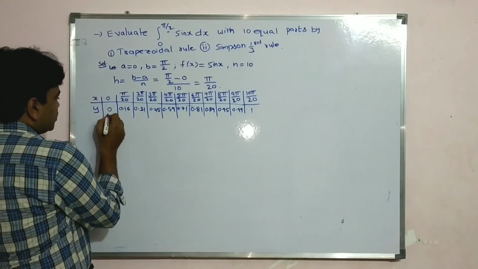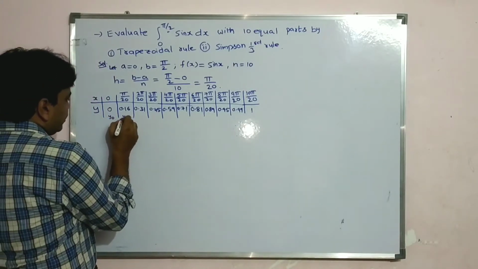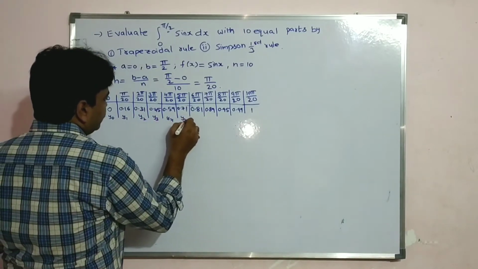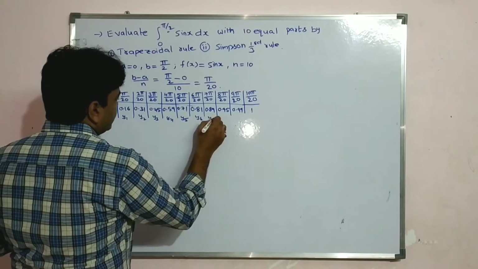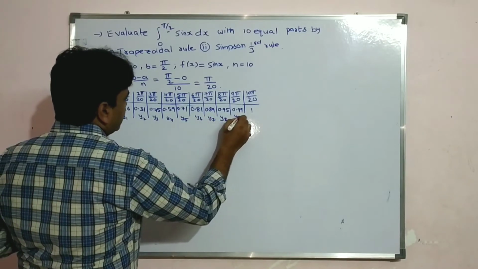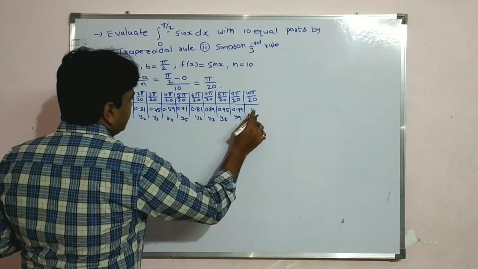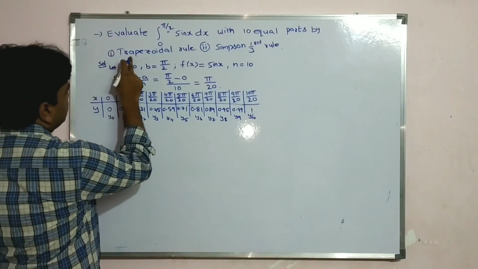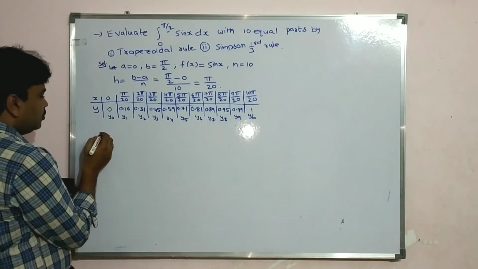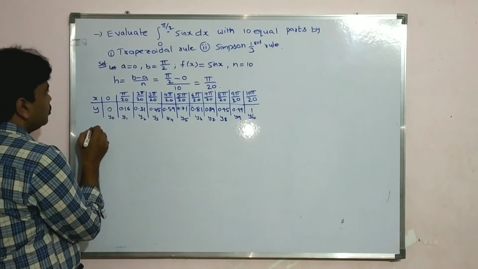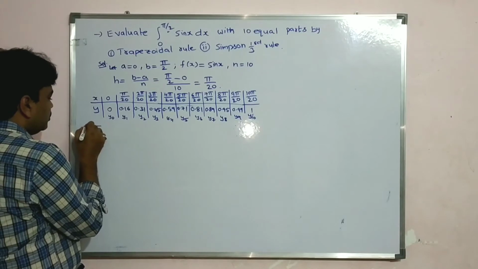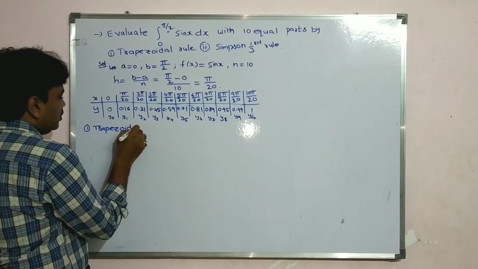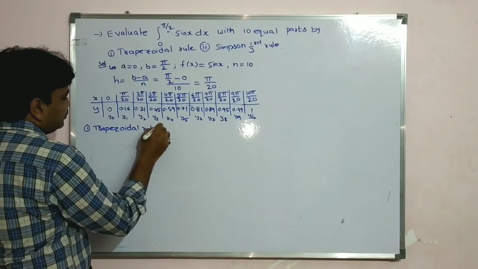What are these values, students? They are y0, y1, y2, y3, y4, y5, y6, y7, y8, y9, and y10. Now the first method is the trapezoidal rule.